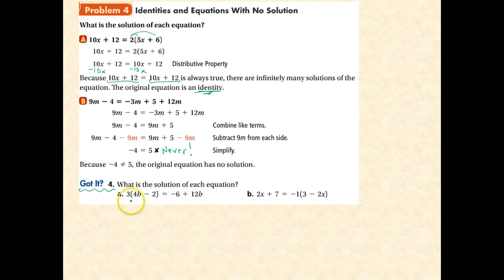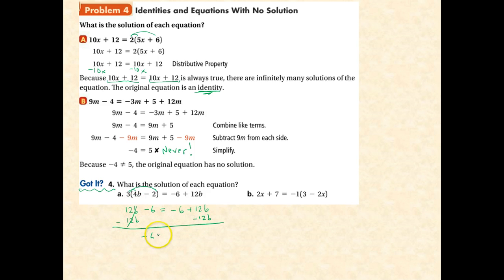All right. Let's distribute over here. 3 times 4b is 12b. 3 times negative 2 is negative 6. Equals negative 6 plus 12b. If you subtract 12b from both sides, 12b minus 12b is 0.